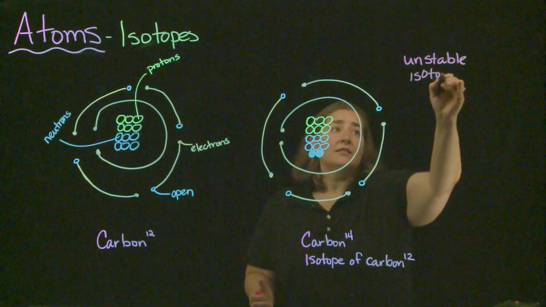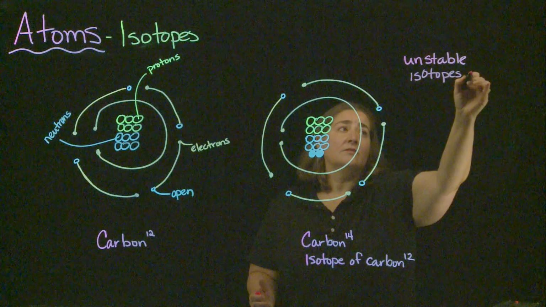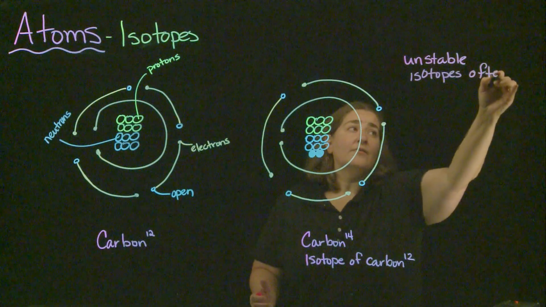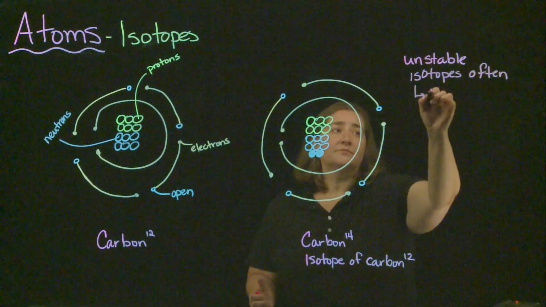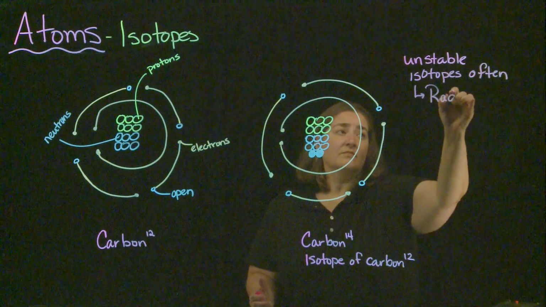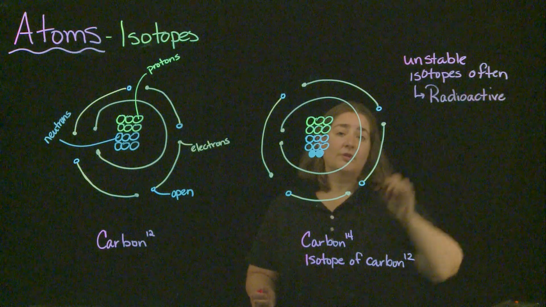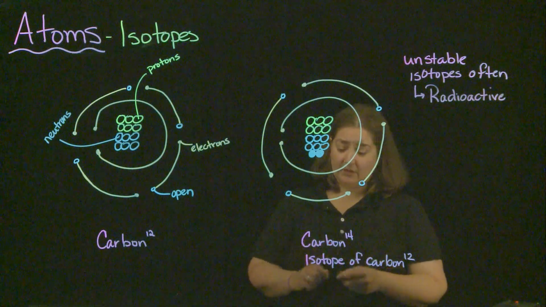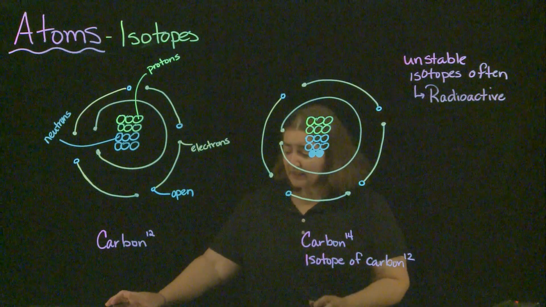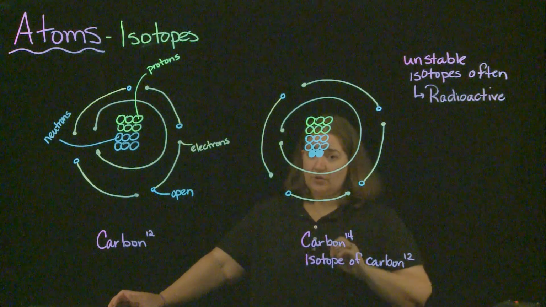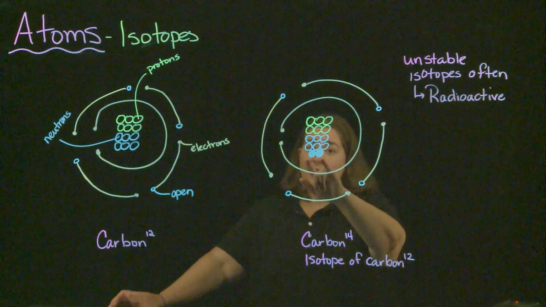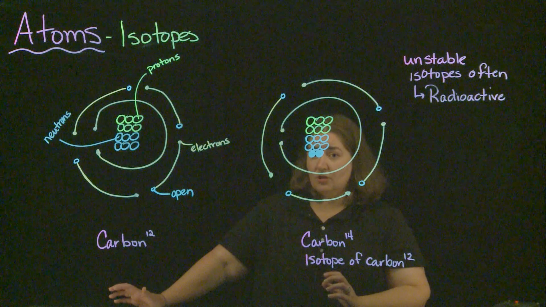And those unstable isotopes very often are going to be radioactive, because of the instability within the nucleus and wanting to get rid of those extra neutrons.